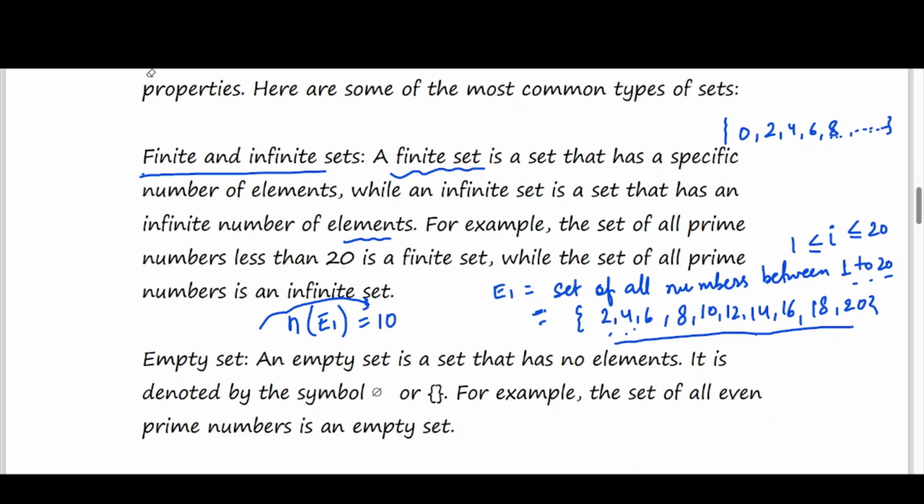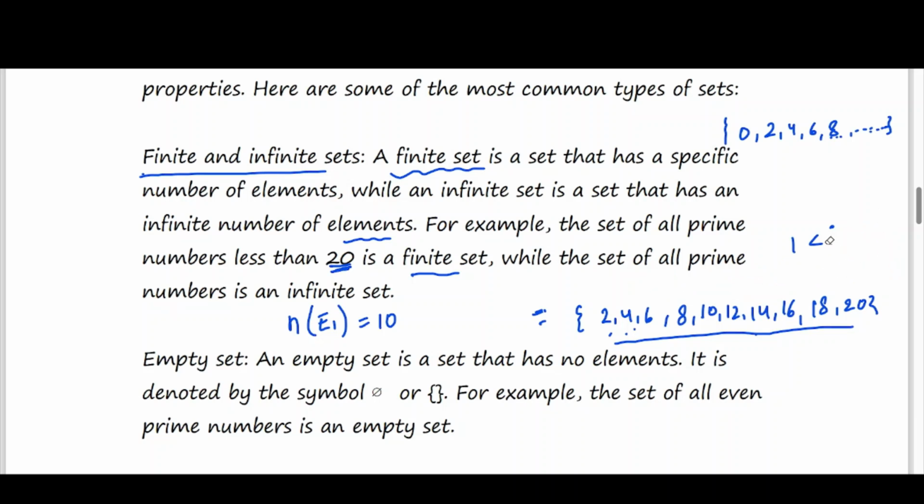For example, the set of all prime numbers less than 20, when the limit is given, is a finite set, while the set of all prime numbers is an infinite set. When there is no limit given and it is just said the set of all prime numbers, set of natural numbers, set of whole numbers, then that is infinite, where we cannot count the number of elements.